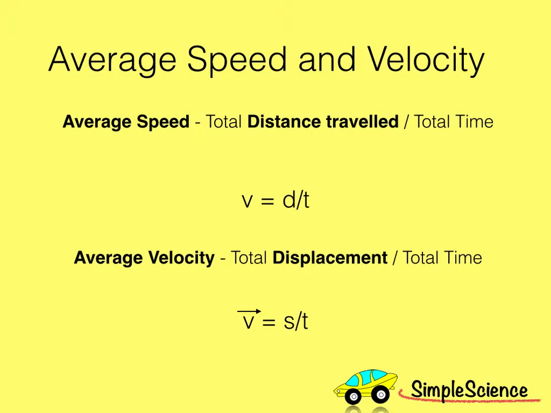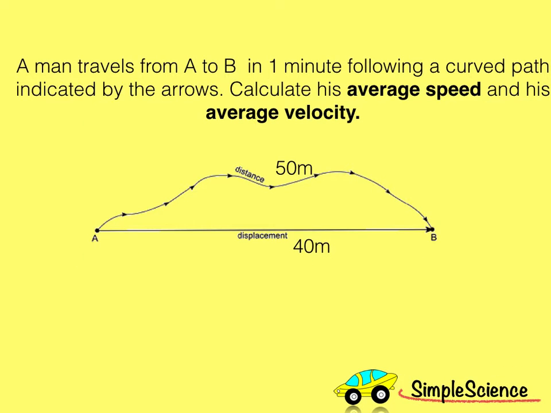So average velocity is basically, on average, how much displacement of the entire journey you cover per unit time. Now here I'm going to give you an example. A man travels from A to B in 1 minute following the curved path indicated by the arrows. Calculate his average speed and his average velocity.